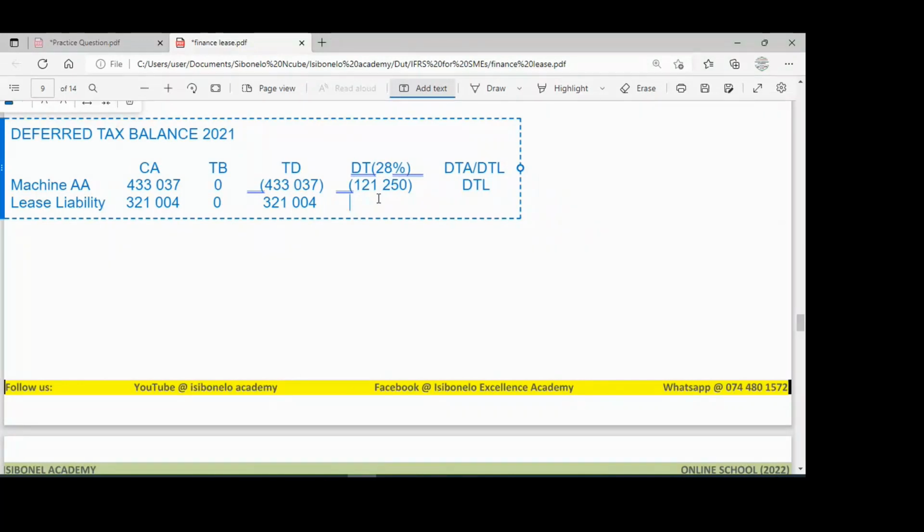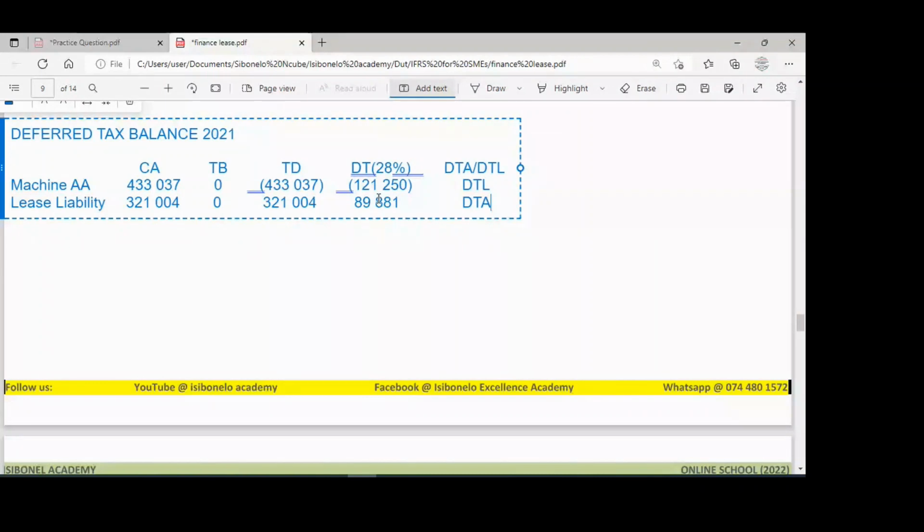So yona nje lelula yokuyibamba. So more as ama assets ama liabilities kuba opposite kwa yalokho kwama assets. So now 321,004 times 28% come how much? 89,881. So this is DTA, deferred tax asset.